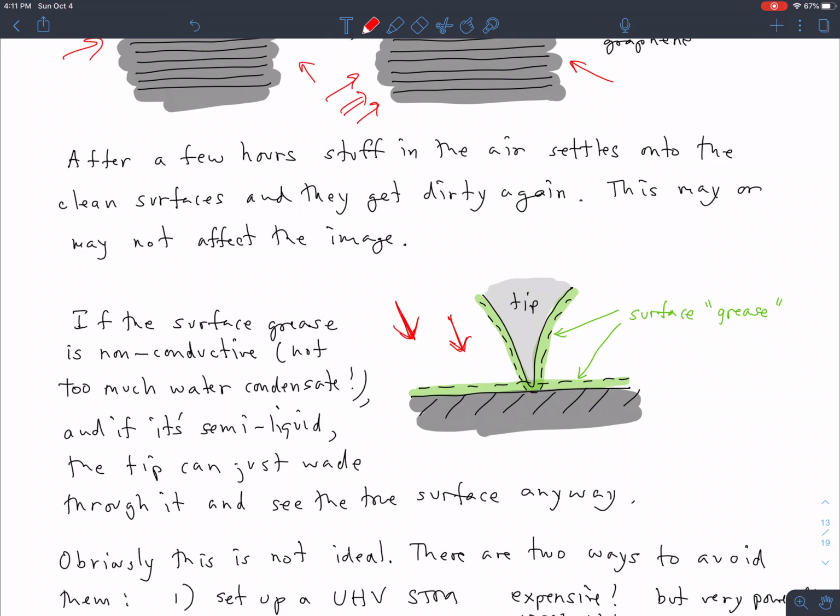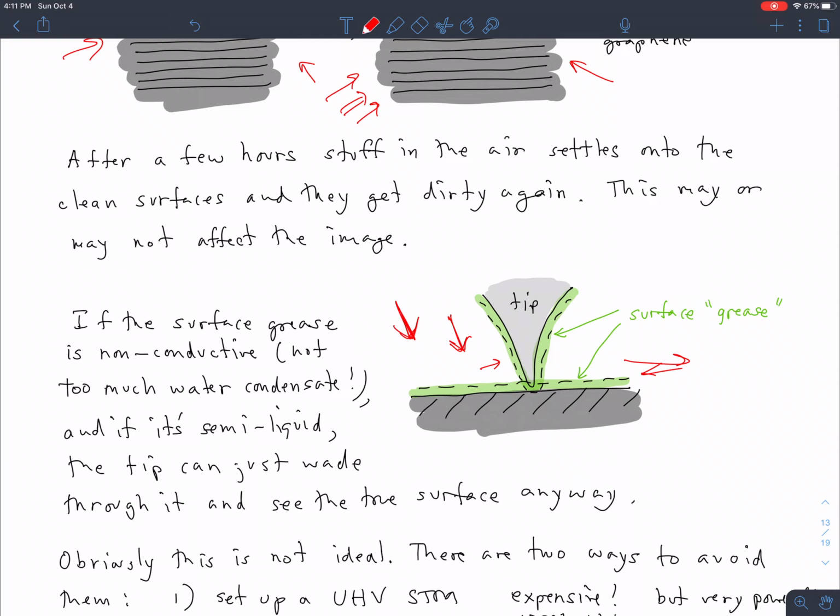And that means that what you're really doing with the STM when you're imaging in air, when you're not imaging in ultra-high vacuum or some other really controlled environment, is this: all this grease that deposits on the surface is insulating, right? So the tip doesn't see it. It just plows its way right through those grease layers and then starts scanning through those grease layers.